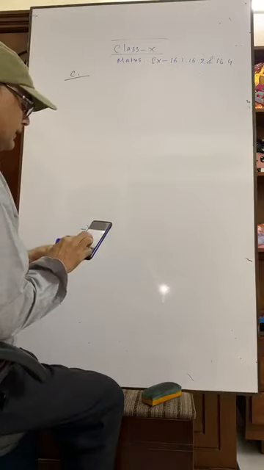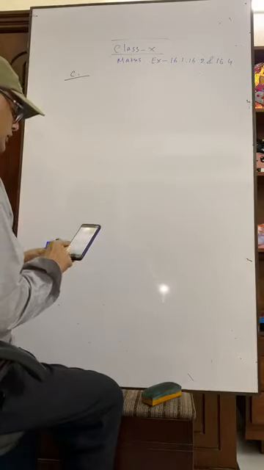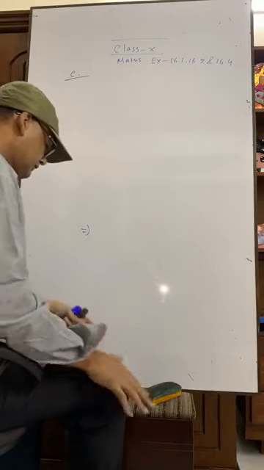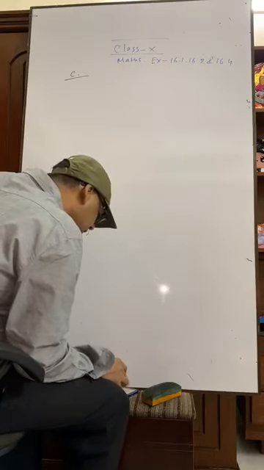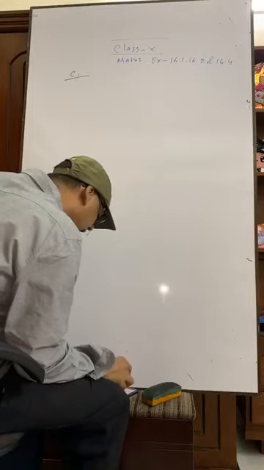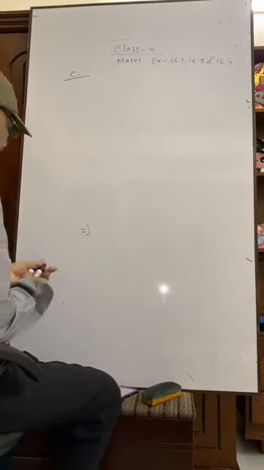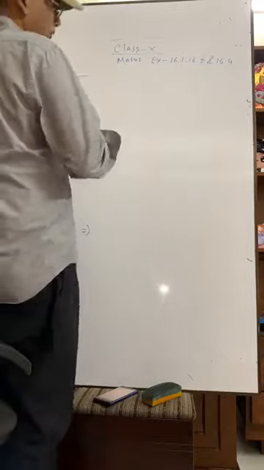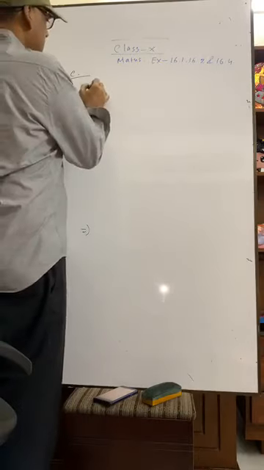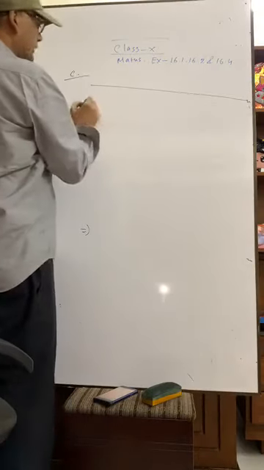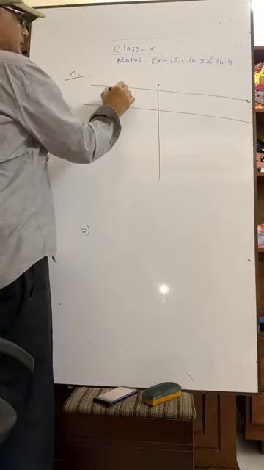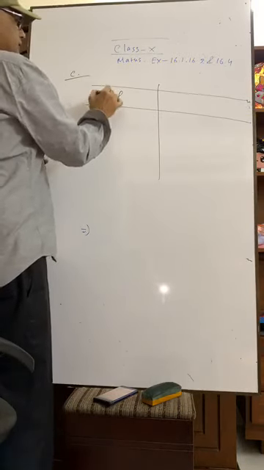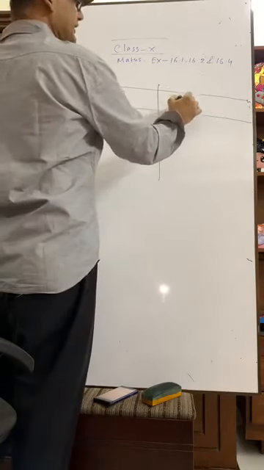Determine the volume of a right circular cylinder whose height and radius are equal to the height and length. Suppose it is a cylinder, and it is that triangle.